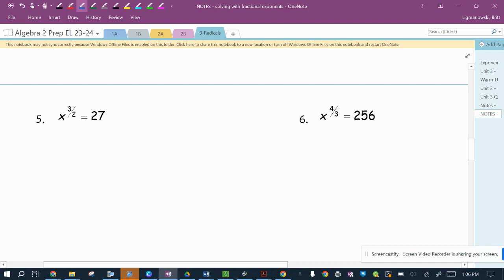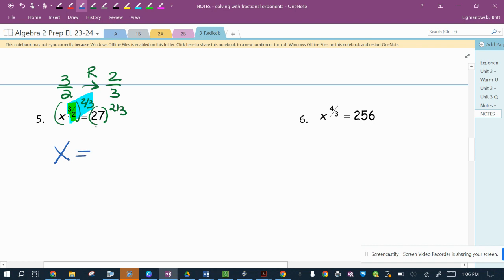Okay, now let's try this one. I have this power of 3 over 2, so my reciprocal is 2 over 3. I'm going to raise both sides to 2 over 3. Now these powers are going to cancel and I'm left with just the x.